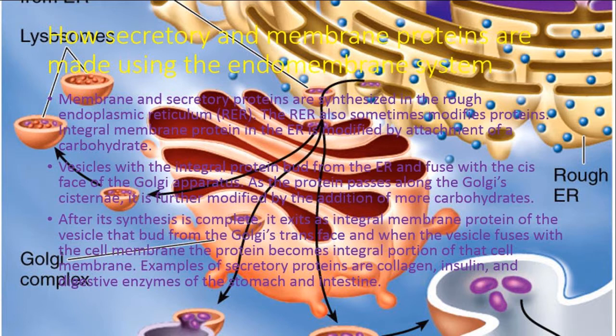Examples of secretory proteins are collagen, insulin, and digestive enzymes of the stomach and intestines.